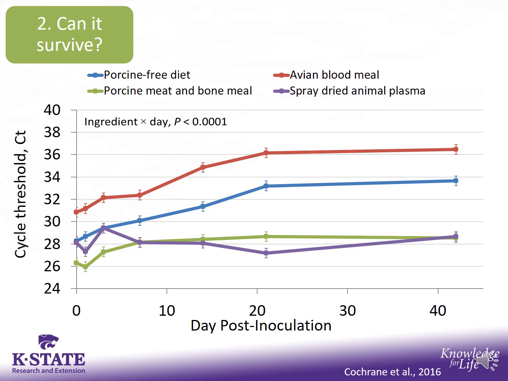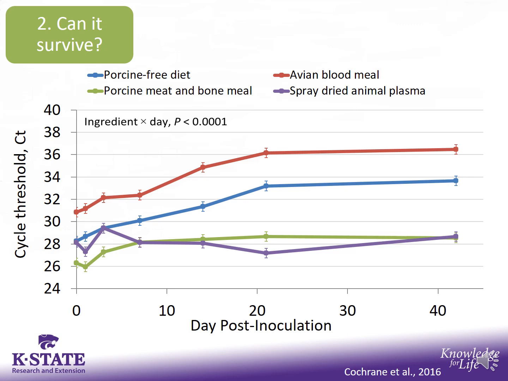Another important experiment to consider was first reported by Cochrane and others in 2016 and demonstrates the survivability of viruses in porcine-based ingredients. In this case, the authors artificially inoculated porcine epidemic diarrhea virus into a diet free of porcine-based ingredients, avian blood meal, porcine meat and bone meal, or spray-dried porcine plasma. They then measured the viable quantity of PEDV over time up to 42 days.